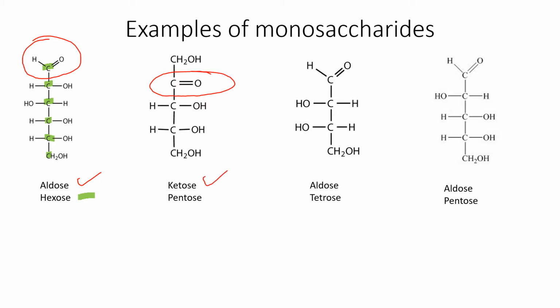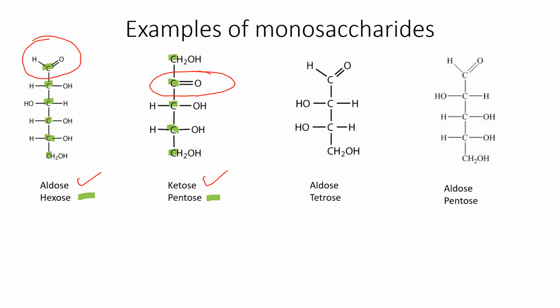Next, just like we did before, we can also classify based upon number of carbon atoms. 1, 2, 3, 4, 5. 5 carbon atoms would make this a pentose, pent being our prefix for 5.